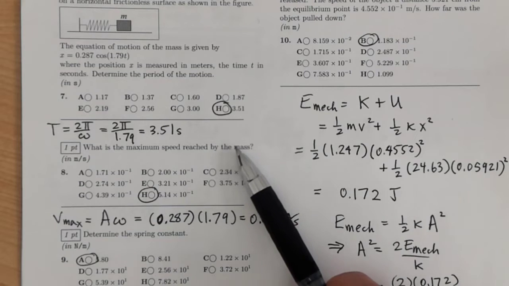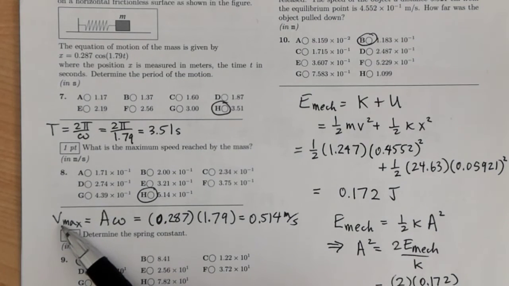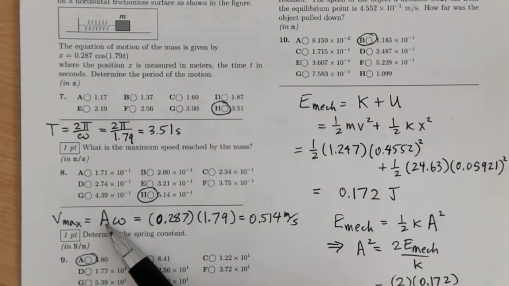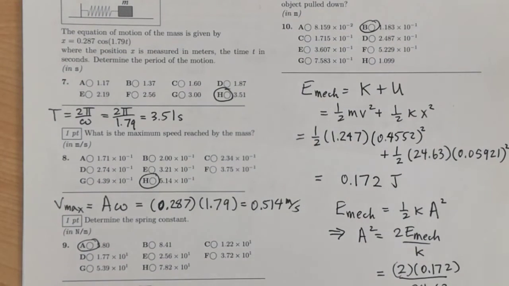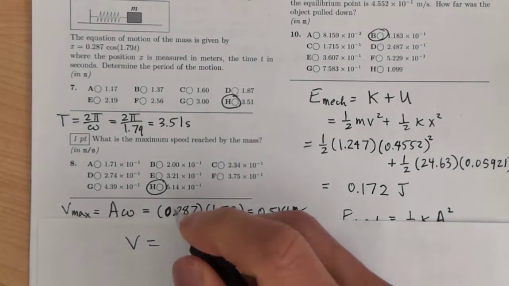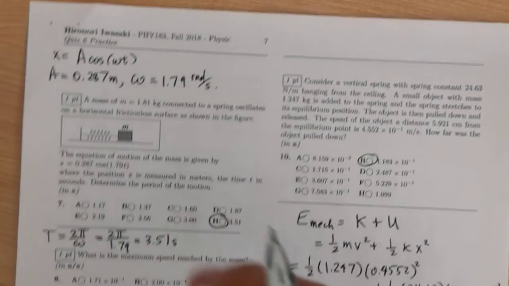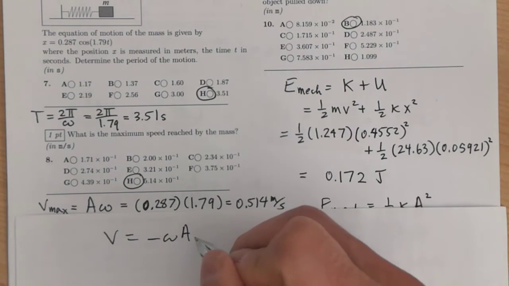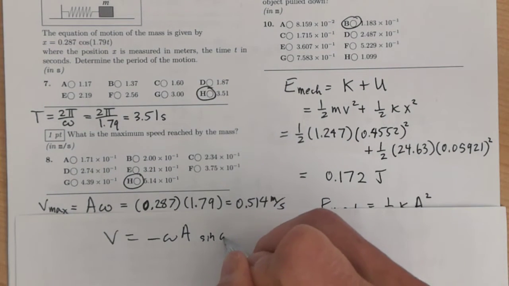Now the maximum speed reached by the mass is what? Okay, the maximum speed, so that's A times omega. You have this on your equation sheet that v is equal to, it's just the derivative of this, minus omega A sine omega t.